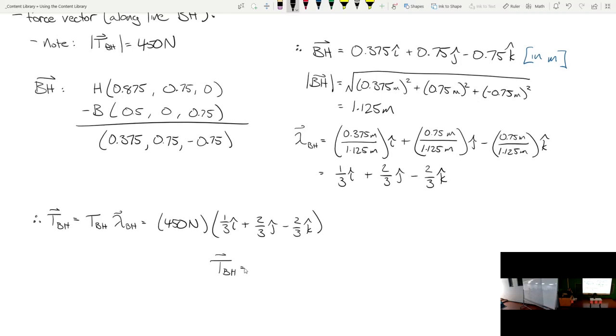So 450 times 1/3 is 150. Then the rest are 300. So 150 I plus 300 J minus 300 K. And that is in newtons.